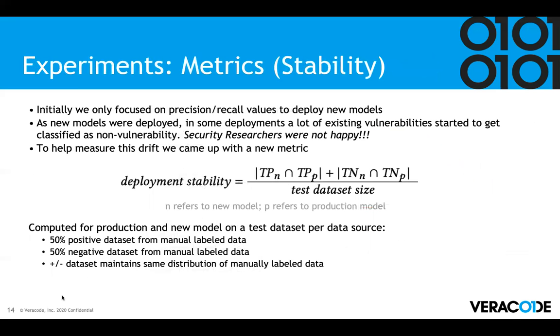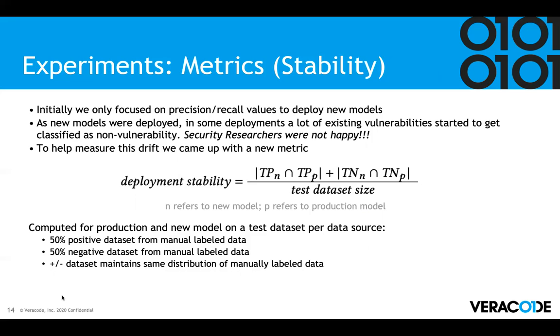Apart from the standard metrics of precision and recall, we also created our own metric, which we call deployment stability. We did it because sometimes when we deployed new models, security researchers were not happy.